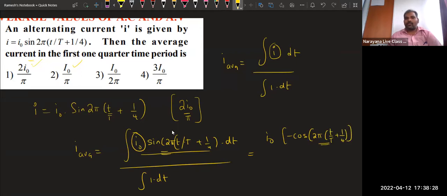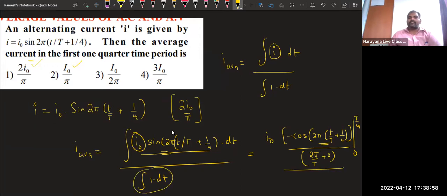And again this total term inside the bracket, differentiate in the denominator. 2 pi by T will come outside. All constants I am taking outside. d small t by dt will be 1 only. And the differentiation of 2 pi by 4 will be 0. Then put the limits from 0 to quarter. Integration of 1 into dt is also small t, put the limits from 0 to T by 4.